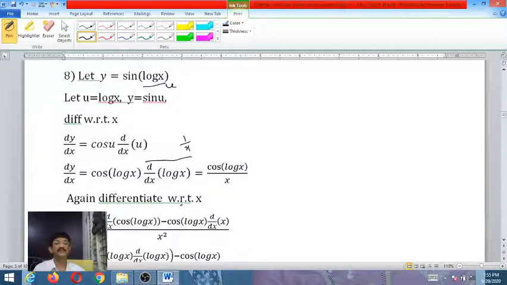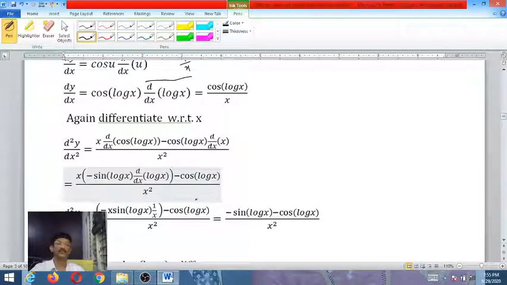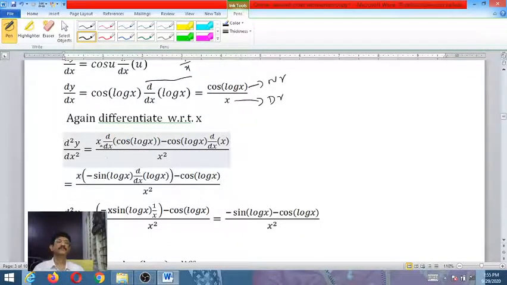Again differentiate with respect to x. So here we have to apply the quotient rule. In the quotient rule we have this as the numerator and this as the denominator. So denominator into derivative of numerator minus numerator into derivative of denominator, by denominator square. To find the derivative of cos of log x, as usual, log x is considered as u.